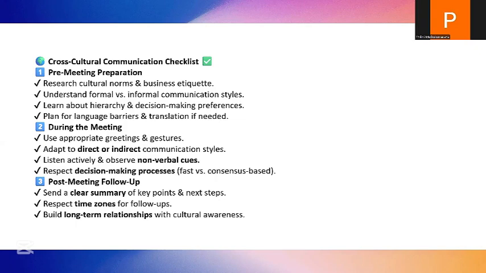And after the meeting also, you have to have the post-meeting follow-up. So you can send a clear summary and key points and the next steps that you're going to do. And you can respect the time zones as for follow-ups. Okay, and then you can build up the long-term relationships with cultural awareness.